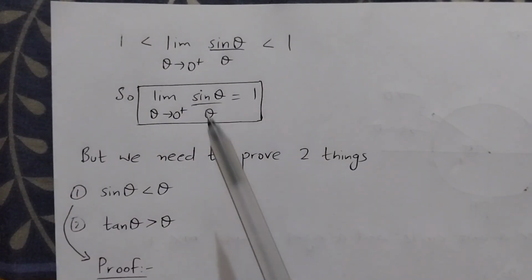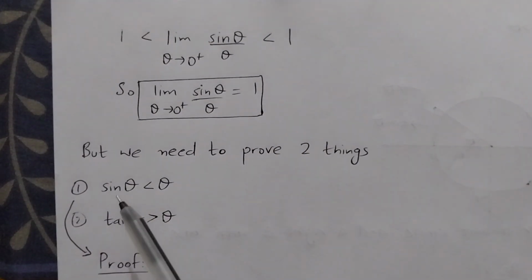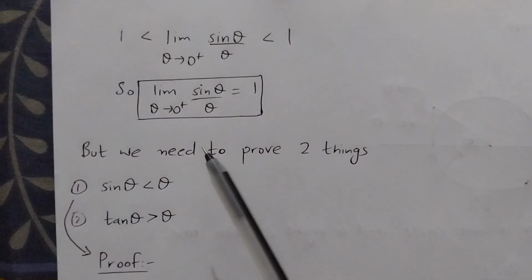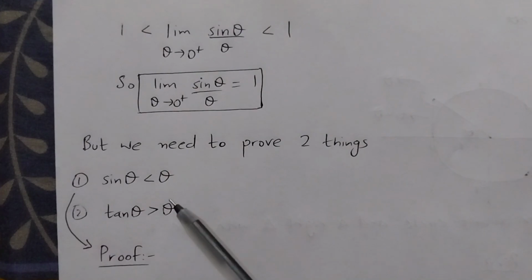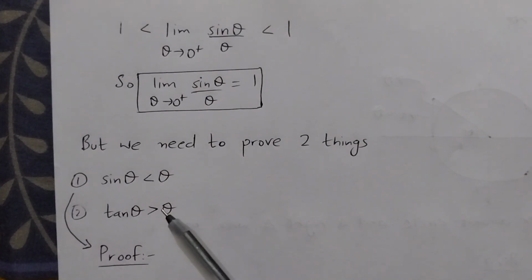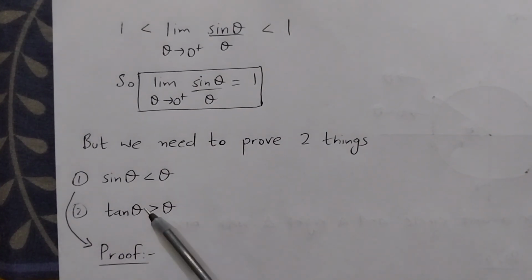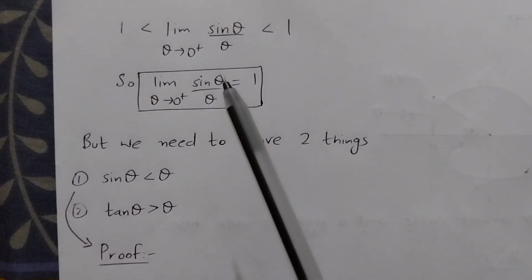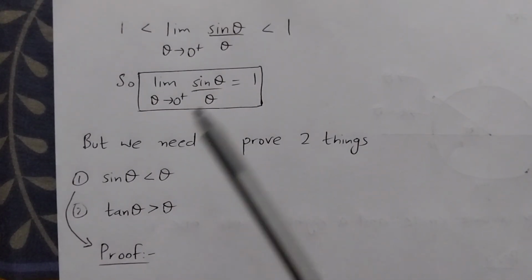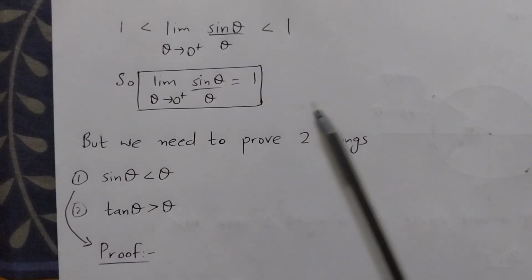And secondly, that tan theta is greater than theta when you look at its graph. So I'll prove these two things because these are the two things which we use to find this limit, and they must be true for this limit to be equal to 1.